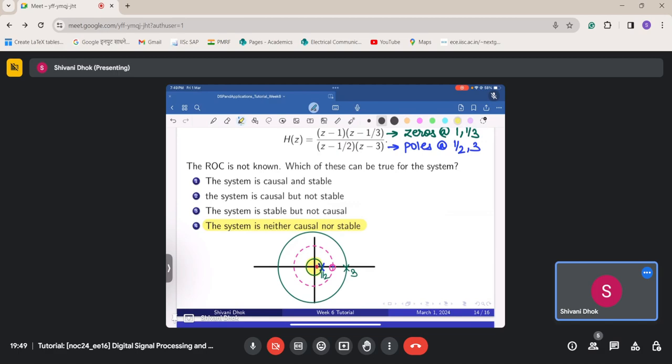Okay. Now the second possible region of convergence is this region, which is here in purple color, which looks something like this.